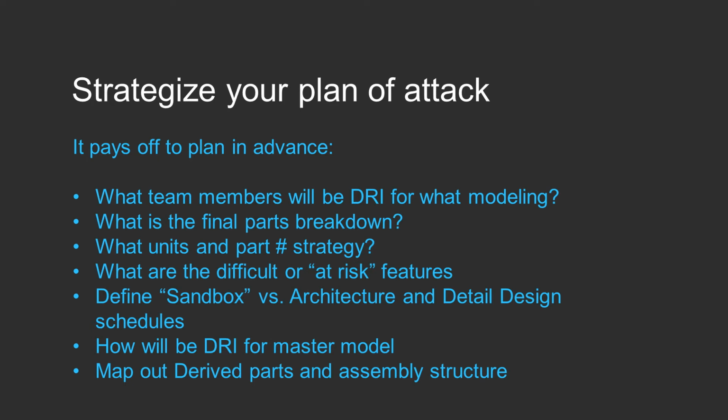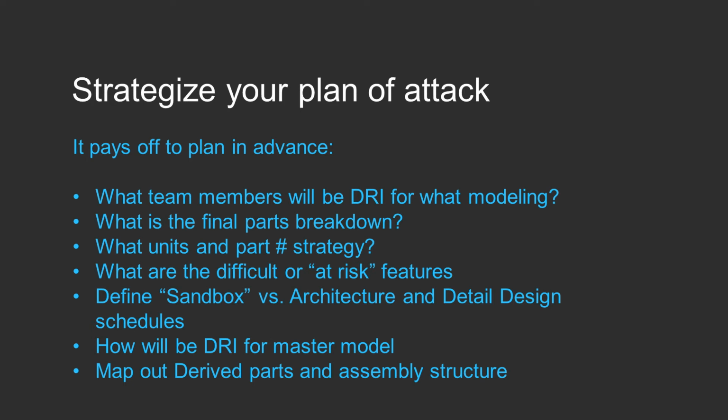So it's always good, if you're working in a team, to understand who is the DRI, or directly responsible individual, for what is going to be worked on. Oftentimes you have an author who's kind of the lead for the master model, and that person needs to take ownership and maintain ownership of that.